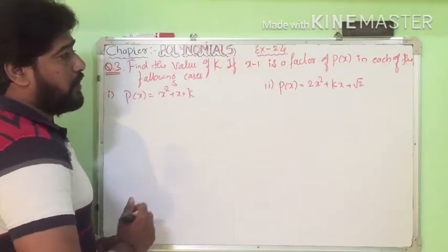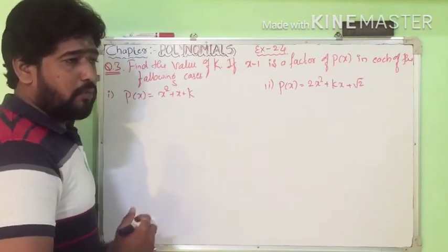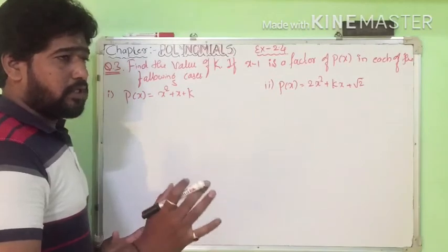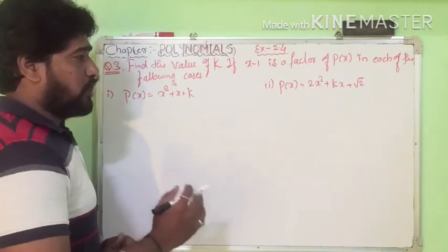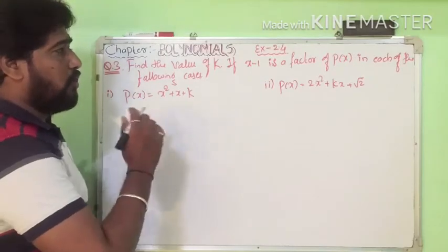and x minus 1 is a factor of p of x. X minus 1 is a factor of the given polynomial. It means the remainder must be 0. Is it clear? So here the remainder is 0, and we want to find out the value of k.